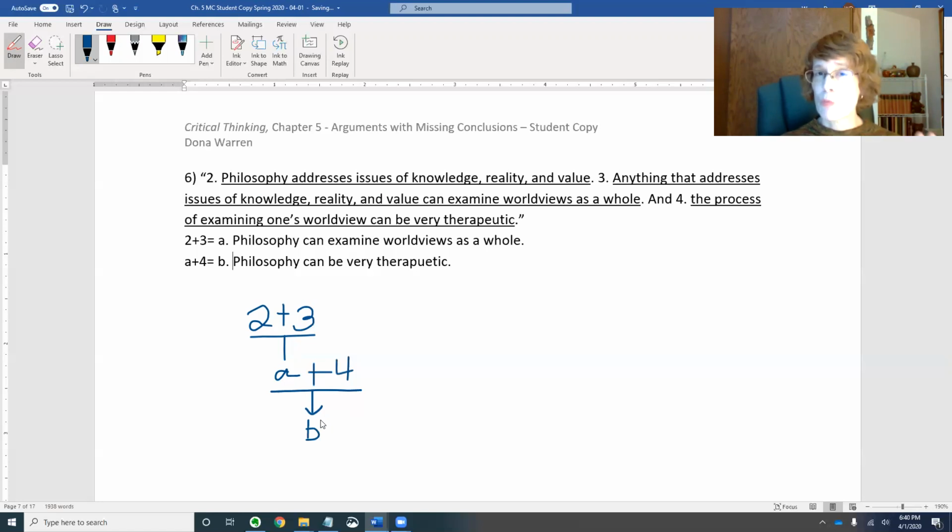I wouldn't try this with more than 3 premises, frankly, but if you have an argument that you think is a lock with 3 premises, you can just give your audience the 3 premises and let them work it out. That can be a rhetorically powerful move, but only do it if your argument's really strong and you really trust your audience to be able to follow you, right? Because some people find that more natural than others.